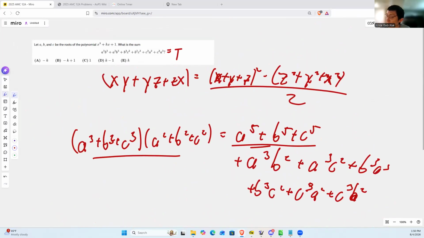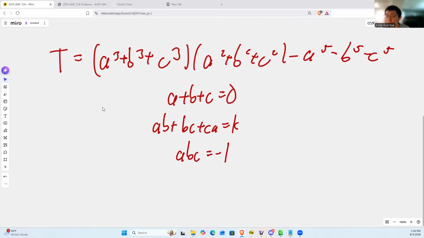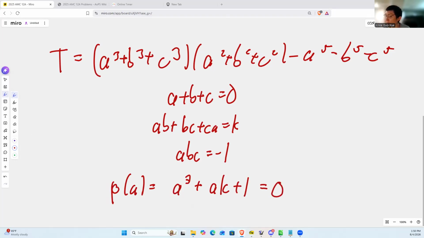Well, let p of x be this polynomial, x cubed plus kx plus 1. Let's plug in a and see what we get. So a is a root of the polynomial, and because it's a root, this equals 0.